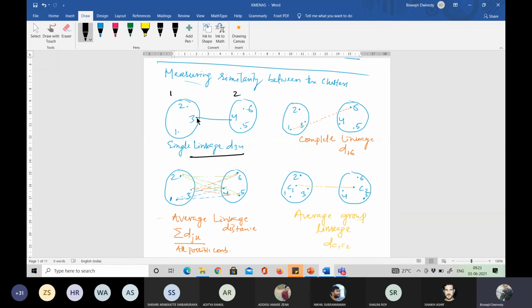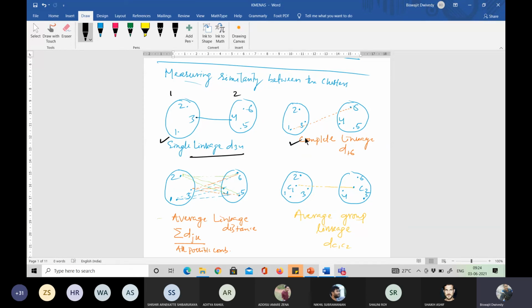The distance between point 3 and 4 is the nearest distance between the two clusters, so that is called the single linkage distance. Similarly, the distance from 1 to 6 is called the complete linkage distance, that is, the farthest or maximum distance between the two clusters.